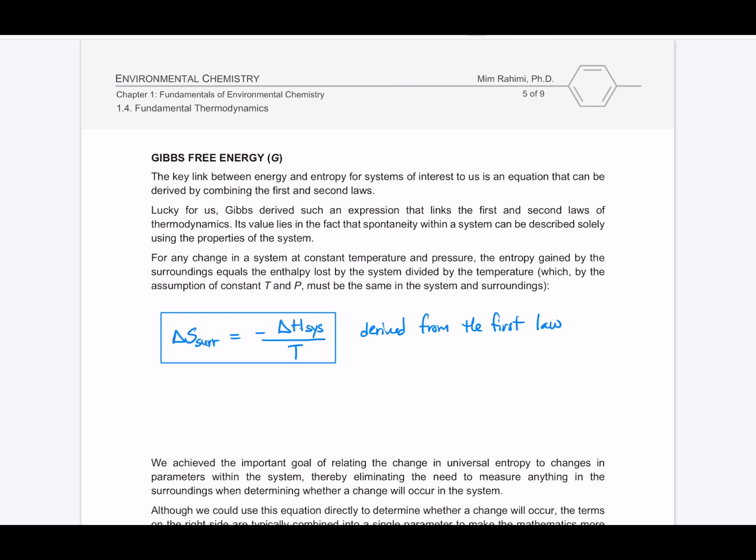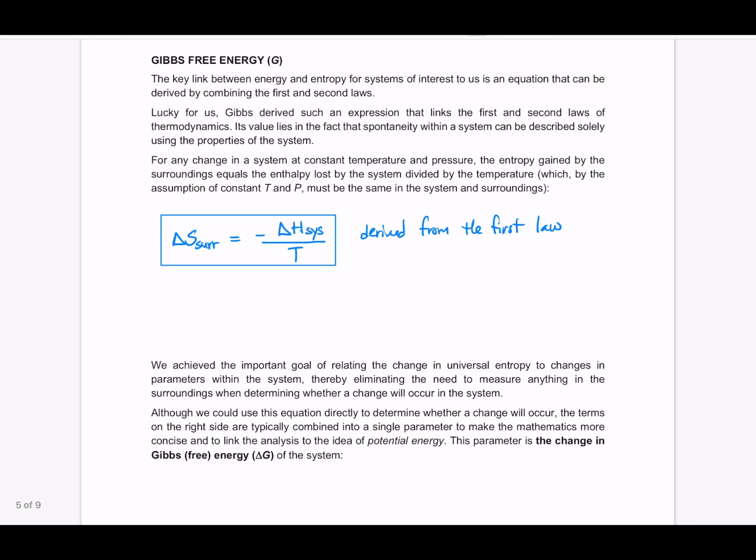Whatever is happening here would be equal to the total disruption of the surrounding without specifically looking at the surrounding. So now that we have this one, we can just replace what we had in the previous page. Delta S of total would be equal to delta S of system minus delta H of system divided by T, or minus T delta S of total would be delta H of system minus T delta S of system.